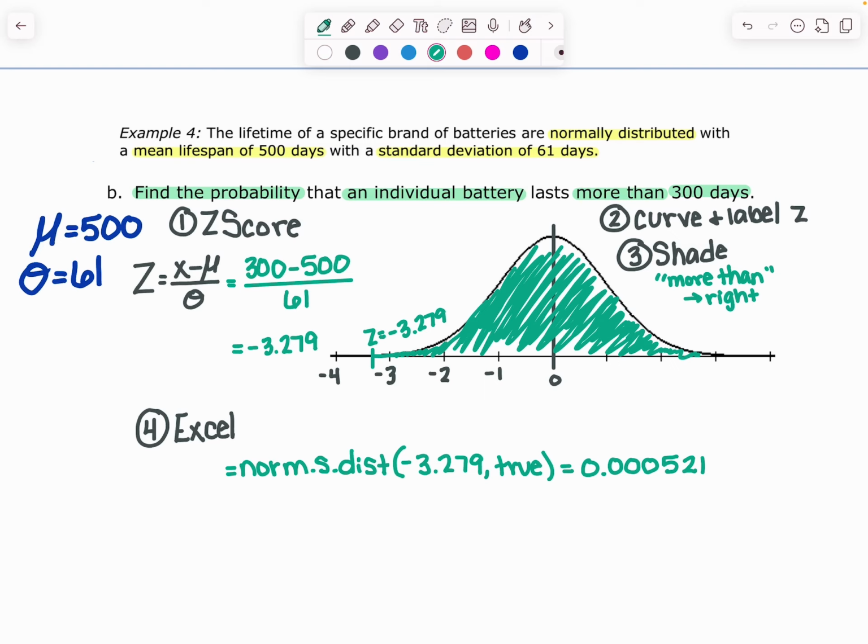So the reason the answer looks weird is because Excel will only give you the area to the left.